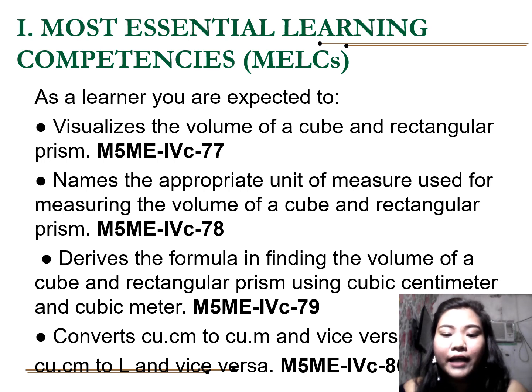Derive the formula in finding the volume of a cube and a rectangular prism using the cubic centimeter and cubic meter. Convert cubic centimeter to cubic meter and vice versa, and cubic centimeter to liter and vice versa.